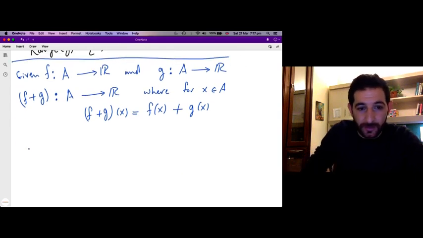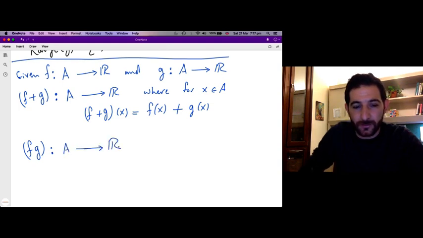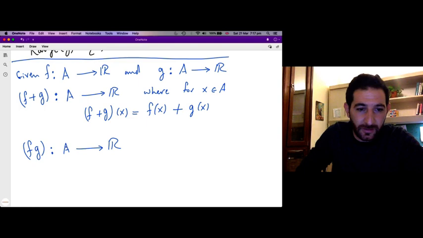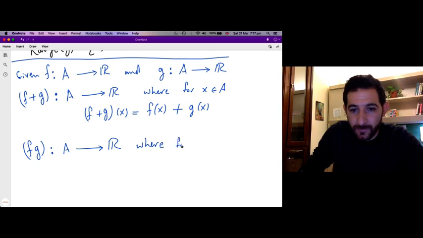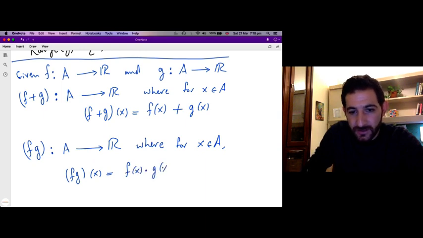The second is called the product of f and g. So we just write fg. This is a function from the set A to the set R. So this is the domain, this is the codomain, where for any element in the domain, we define the image fg of x, so choose some x here, to be the product of f of x times g of x.